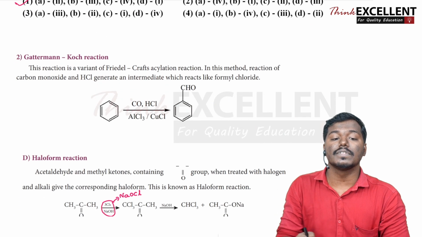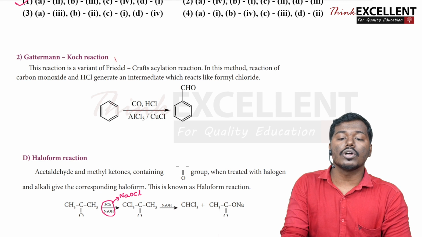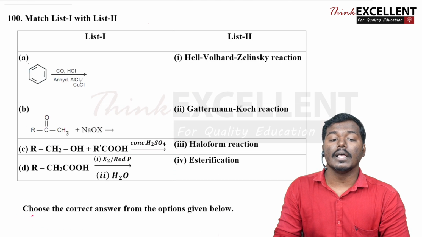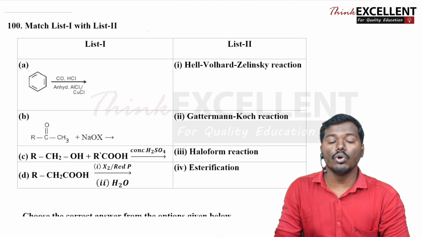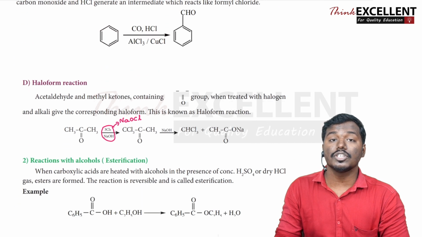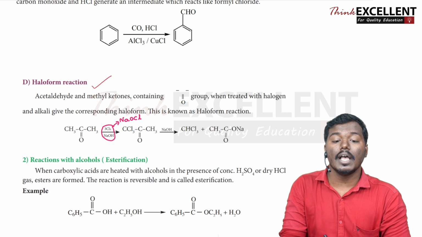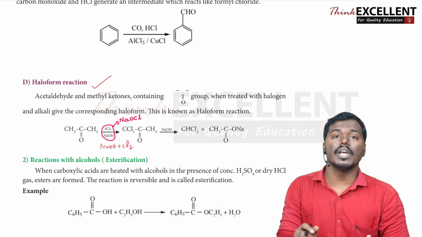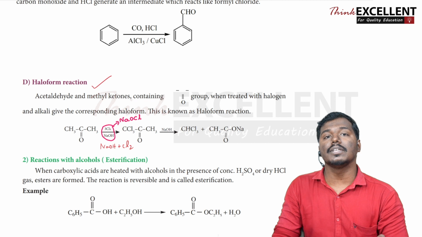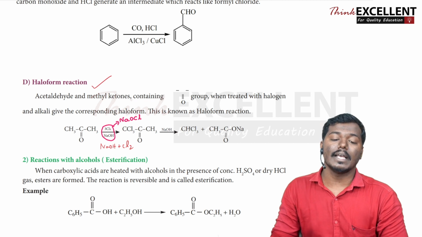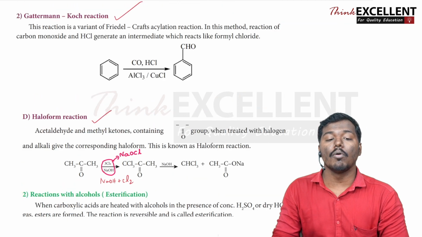You can see that we have studied in the Gattermann-Koch reaction, as well as when you take the second reaction, that is a ketone which is reacting with NaOX. You can see that that reaction we have studied in the haloform reaction. Here you can see that this NaOH and Cl2 is forming the NaOCl. Other than generally NaOX, halogen specify பண்றதுக்கு that X is used, so it is the haloform reaction.